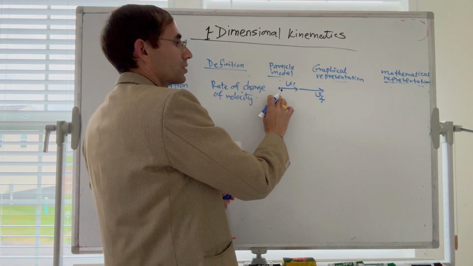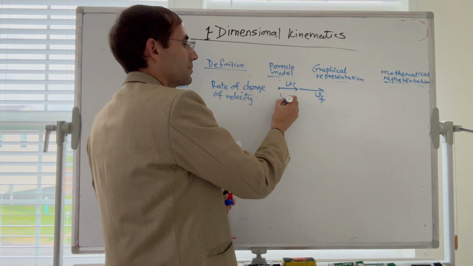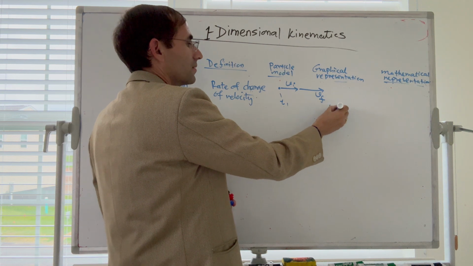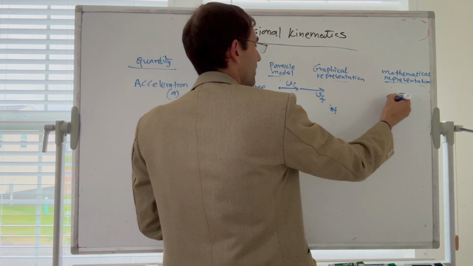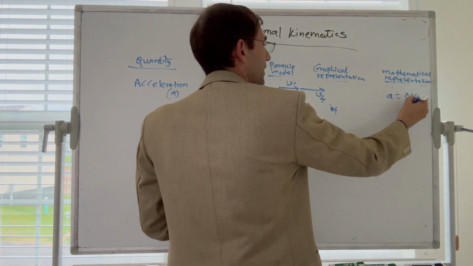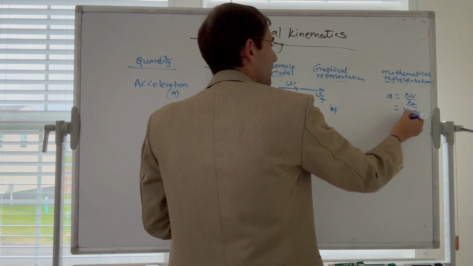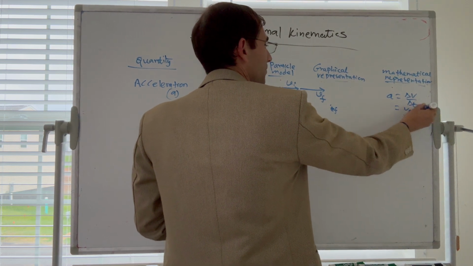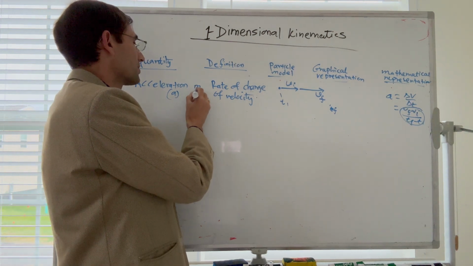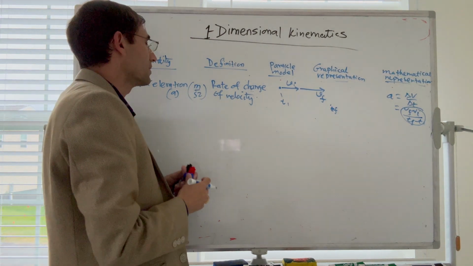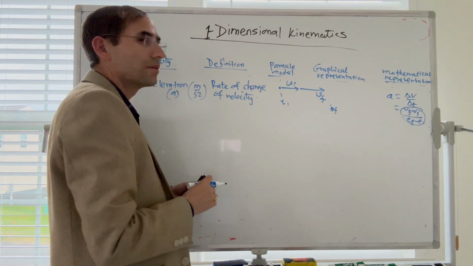The time at the start is ti, and the final time is tf. So the acceleration is equal to delta v over delta t. Remember that delta v is final velocity minus initial velocity, over final time minus initial time. The unit for acceleration is meter per second square. If you measure velocity in meter per second and time in second, then the unit is meter per second square.